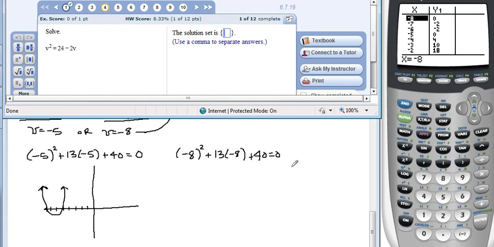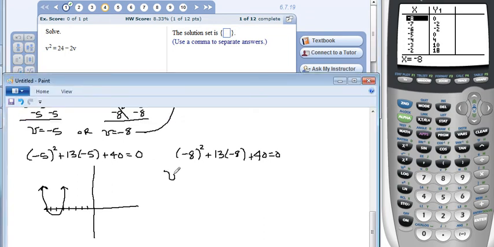Now I'm not going to do all of these, but here we have something that's not quite set up properly. So you want to get it set up so that everything is off to one side and the other side is 0. So we're going to add a 2v across first of all.